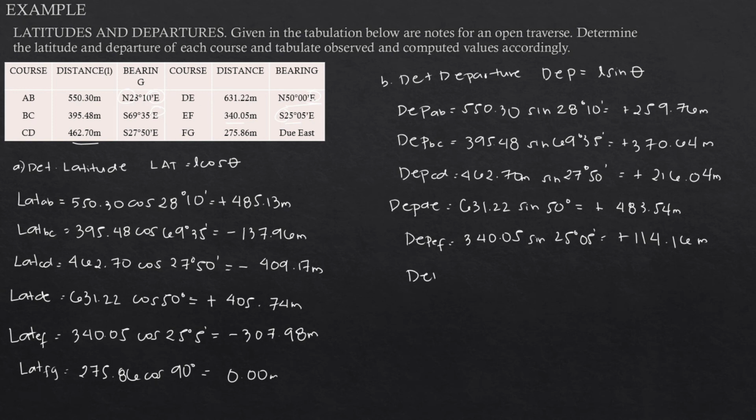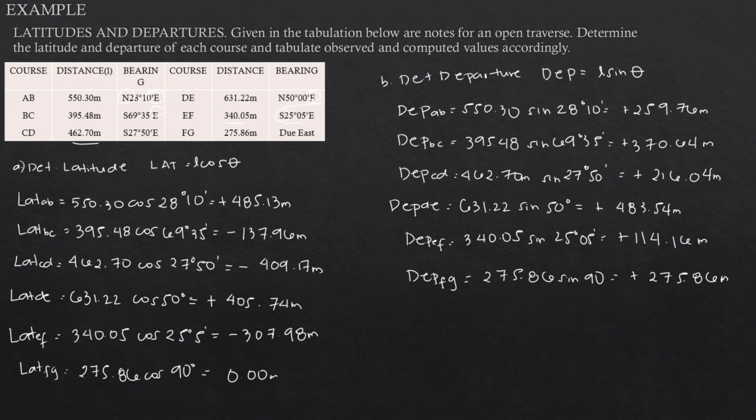Then departure, last ng course FG is equal to 275.86 meters sine 90 is equal to positive 275.86 meters. So, equal lang din siya doon kasi horizontal lang naman yung course FG natin.